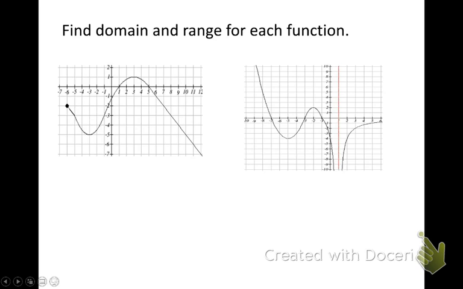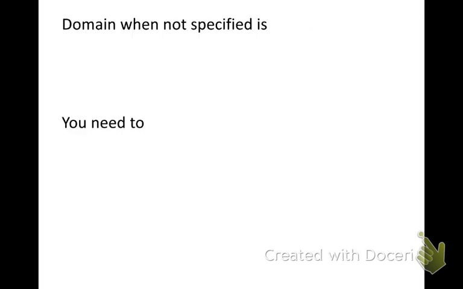All right, now those first couple examples we explored through graphs. We also need to figure out what's going to happen when I look at domain from an algebraic standpoint. So when domain is not specified, we say that domain is all reals that produce real numbers.